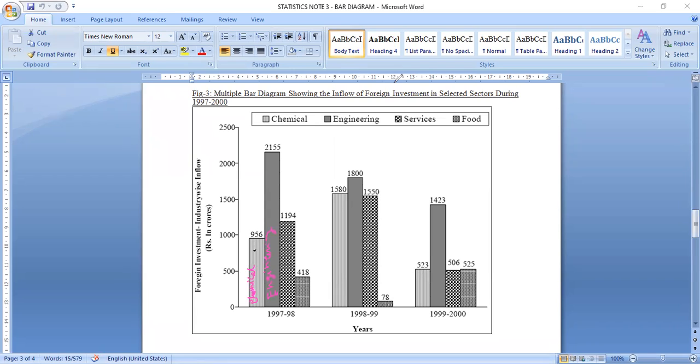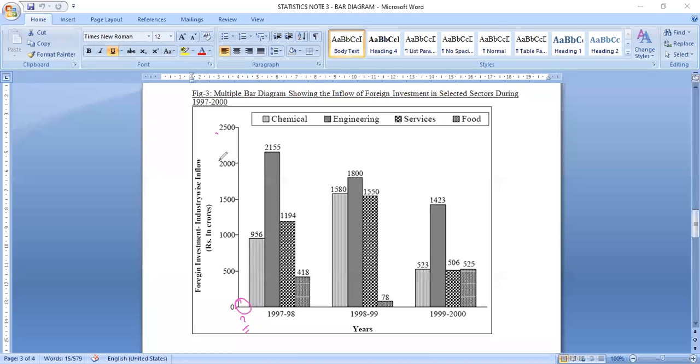Sir, if a student draws 0 to 2500 directly, gaps will not be there. No, there should be a gap, I think. From 0 to 2500, no 500 gap.